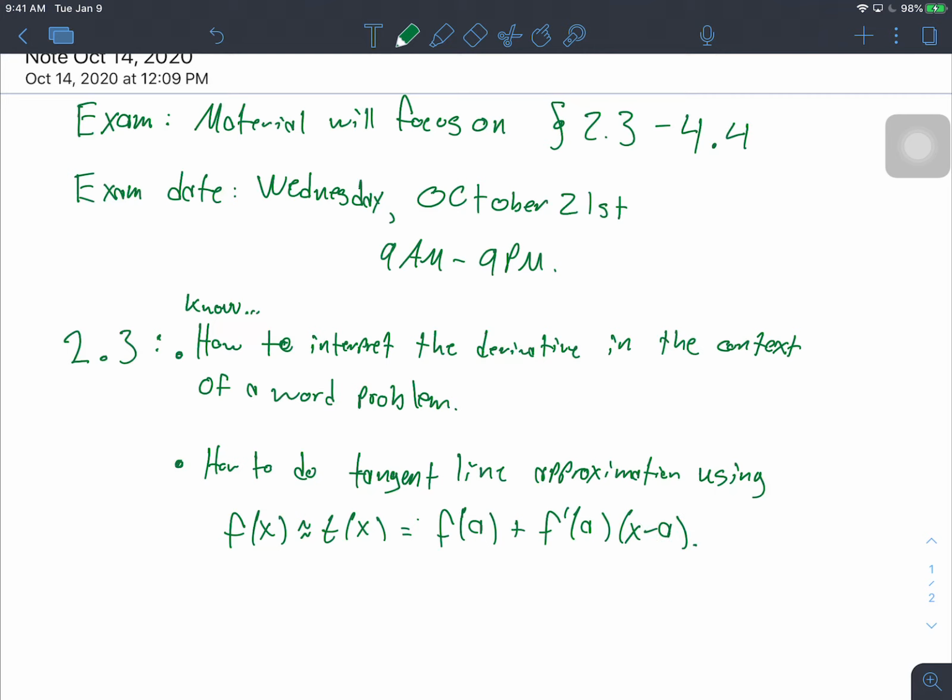Remember, this is just point slope form. It's the equation of the tangent line. Okay, so know how to do tangent line approximation. That's pretty much it for 2.3.